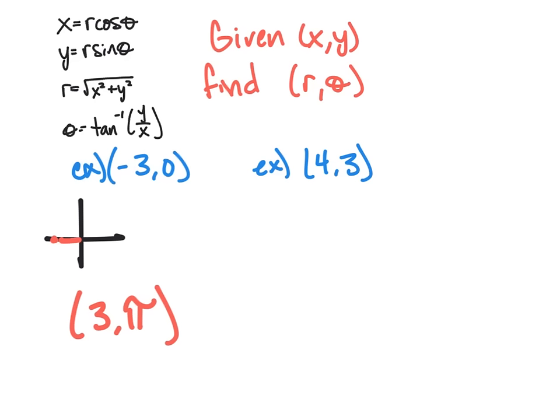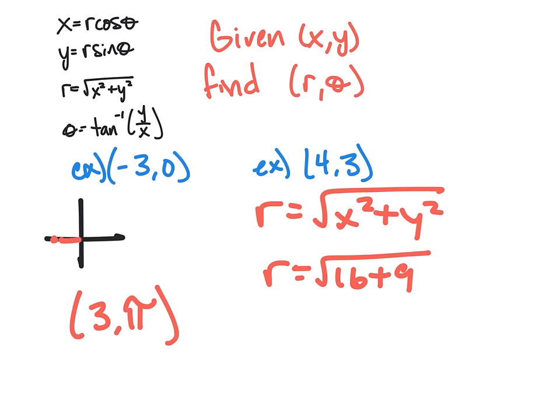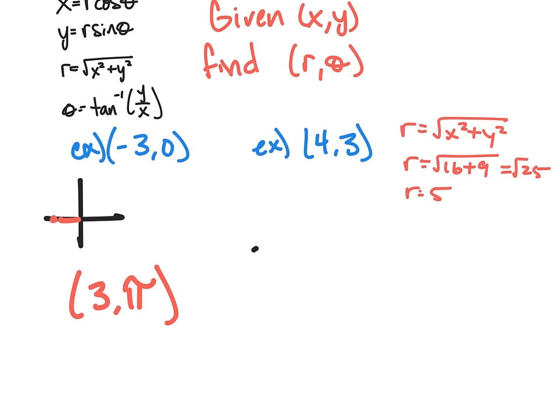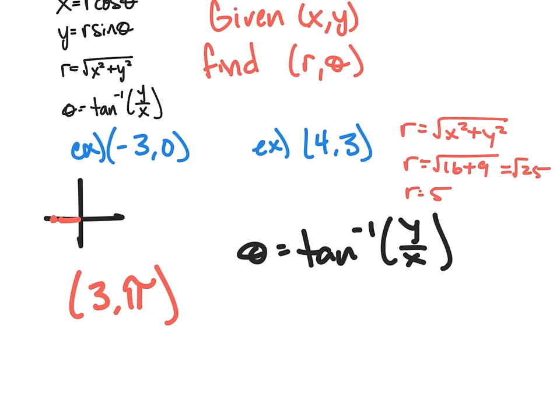So to figure out r, it is the square root of x squared plus y squared. So r is going to be the square root of 16 plus 9, which is the square root of 25. So r in this case is equal to 5. To find theta, theta is equal to the inverse tan of y over x. So we're going to do the inverse tan of 3 over 4.